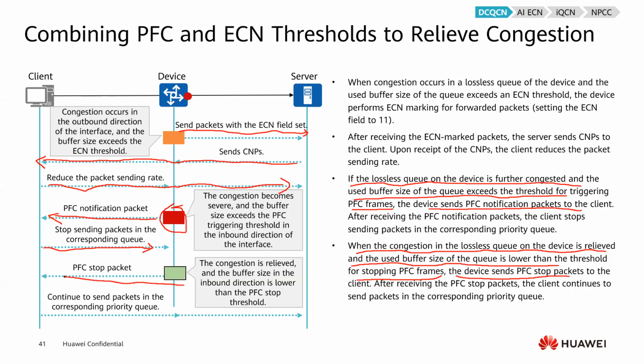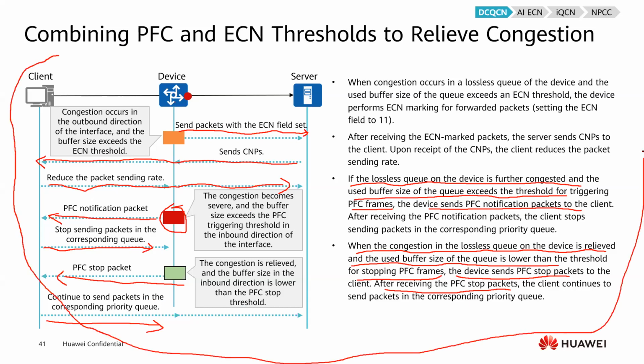After receiving the PFC stop packet, the client continues to send packets in the corresponding priority queue. So I think you must remember and understand this page, because it contains both PFC and ECN.